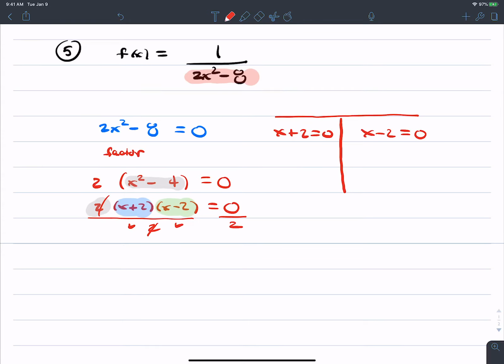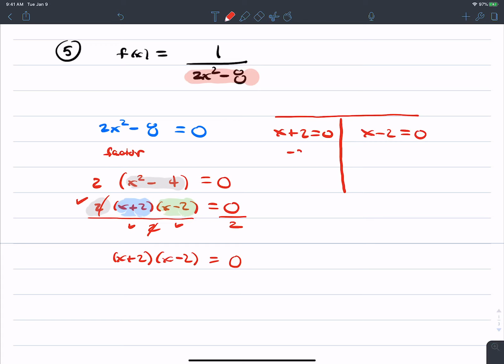You get cancellation, and you still get x plus 2 times x minus 2 equals 0, which is the same process. So I could ignore the fact that I have a number here that's certainly not 0. That's not making our product 0. But the other two terms are. So I can use the zero product rule now if I choose, and either way will work.